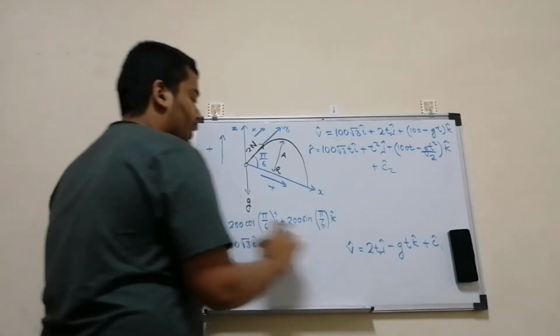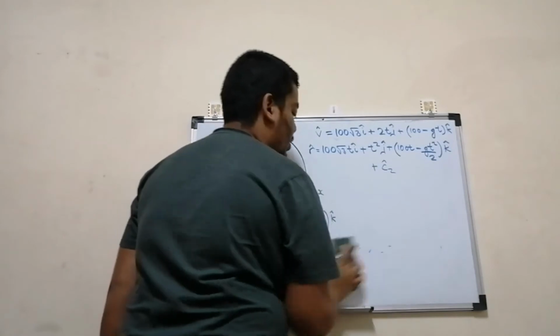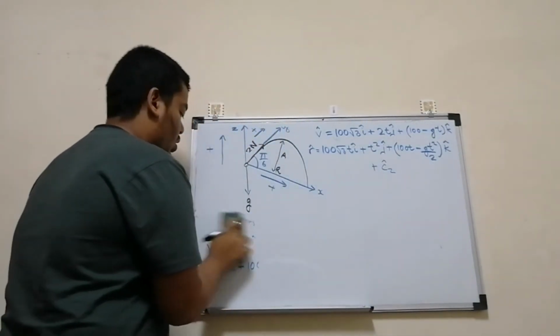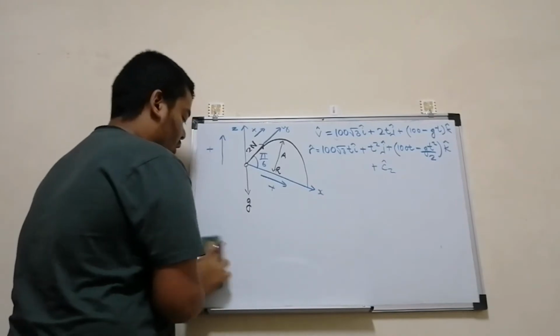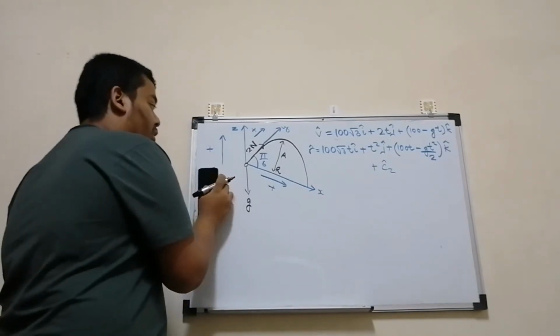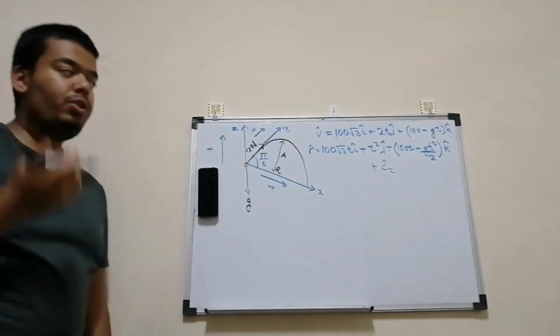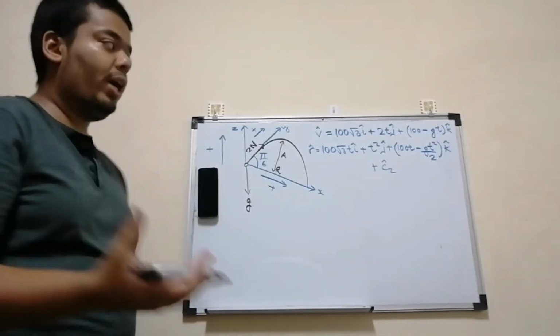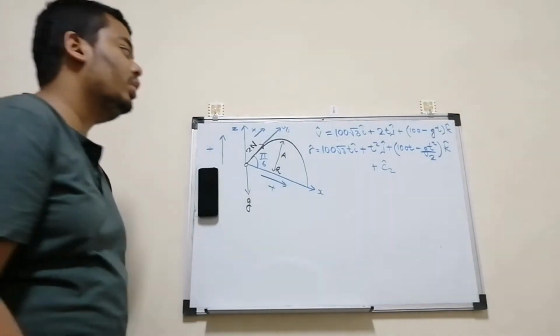Now let me remove these parts since we have already worked with them. We know that initially the particle is at the origin. As I told you, there is no additional height, no h naught or h as we have seen in the general situation.